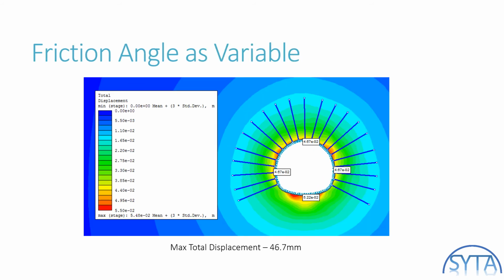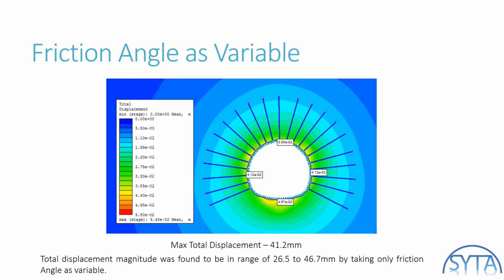Changing the friction angle will give us a maximum total displacement of 46.7 and 41.2 mm as the mean and the extreme cases. So the range for this is 26.5 to 46.7, which is also a considerable range.